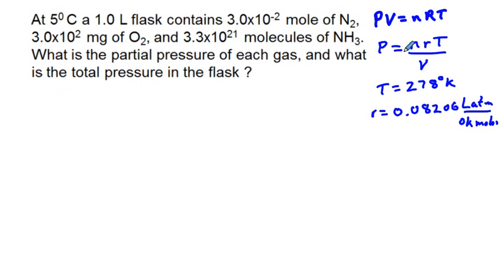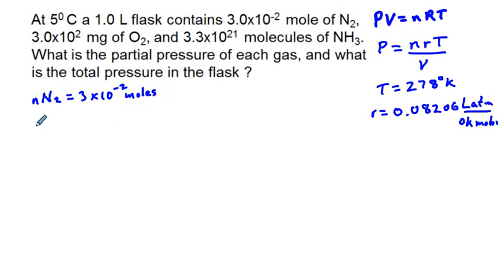And so we're going to go to moles for using this formula, and to do that we're given already that our n value of our nitrogen is equal to 3 times 10 to the negative 2 moles. Sometimes you'll see it as MOL, MOLE, MOLES. I'm going to put in moles.